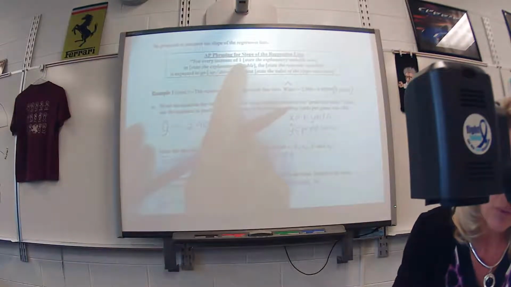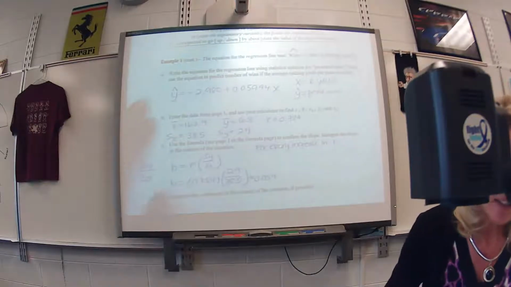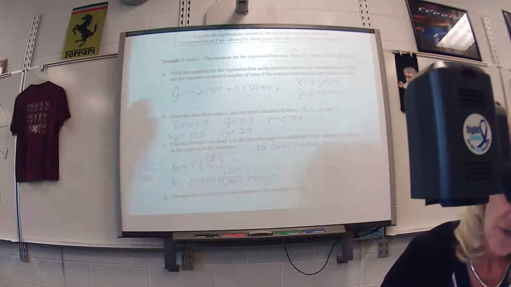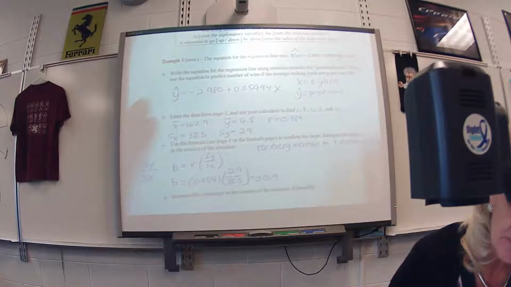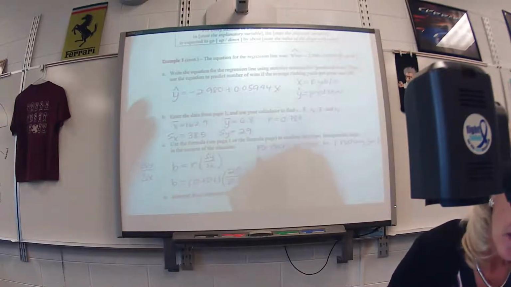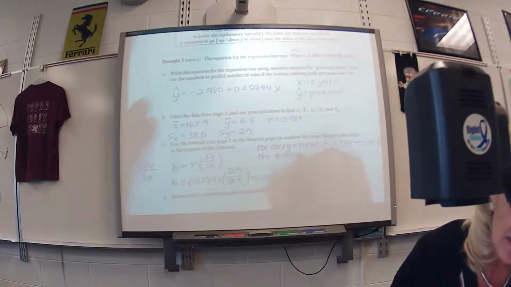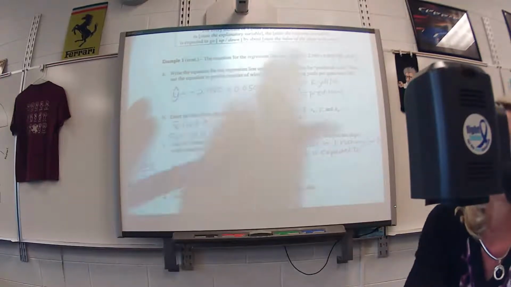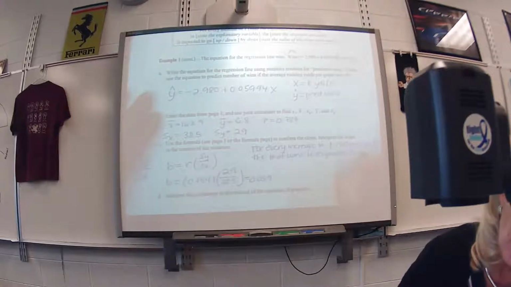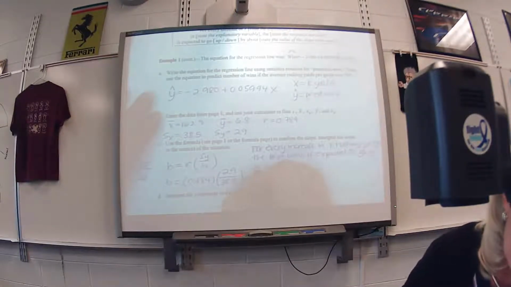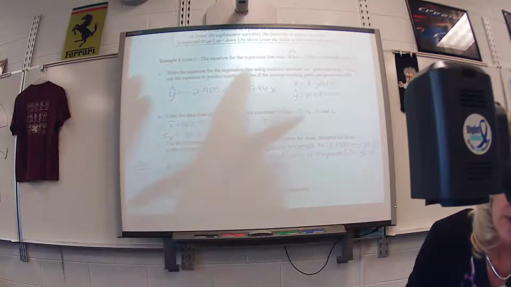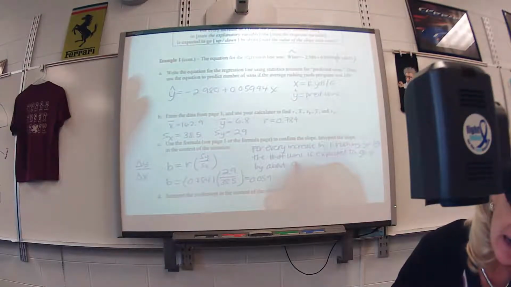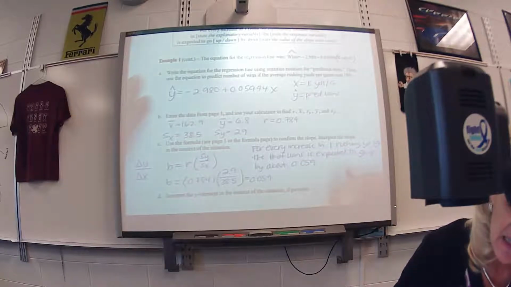Okay, for every increase of 1, and X is measuring, for every increase in 1 rushing yard per game, the number of wins is expected to, and I said go up or down or increase or decrease, is expected to go up or increase by about, okay, and now it's to state the value of the slope with units, by about 0.059 wins.